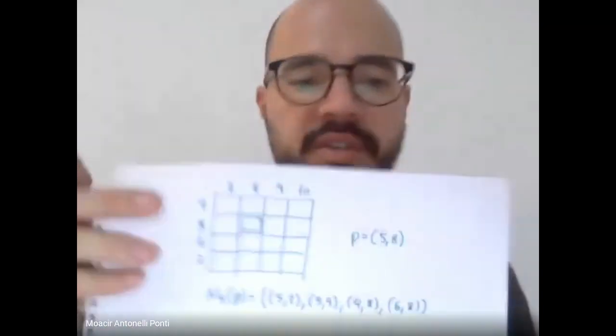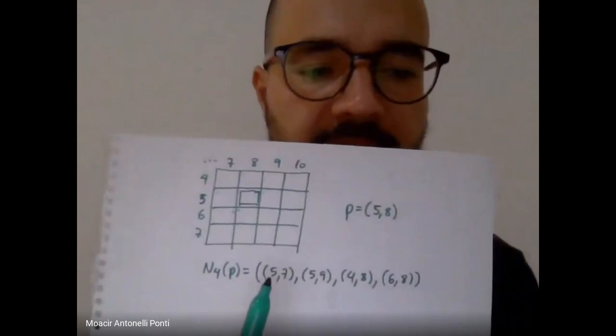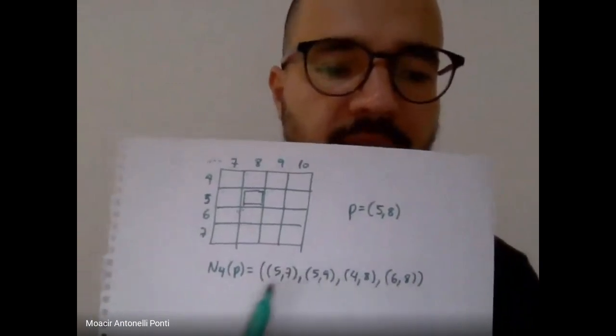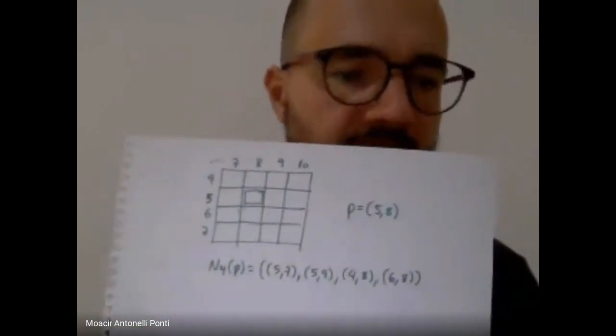In this case, this set will include 5, 7, 5, 9, 4, 8, and 6, 8. So this is the set of pixels that correspond to the 4 neighbors of the pixel 5, 8.